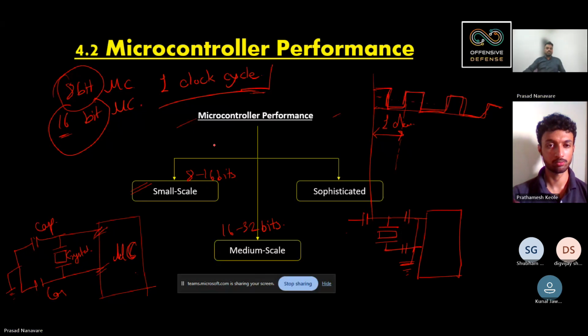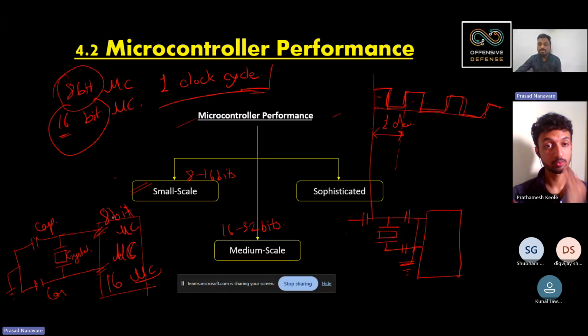So if it is processing only 8 bits, then this is an 8-bit microcontroller. If it's processing 16 bits, it is a 16-bit microcontroller. So tell me what parameter I'm talking about here?